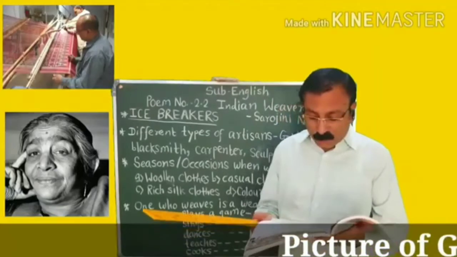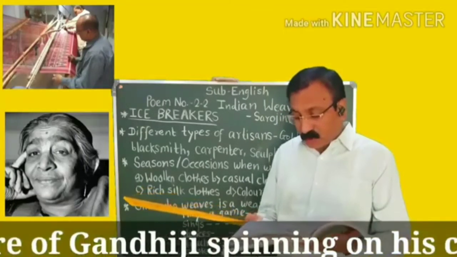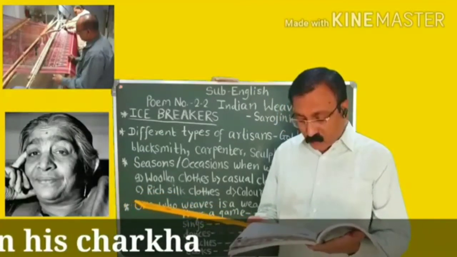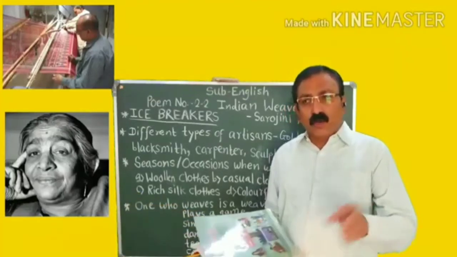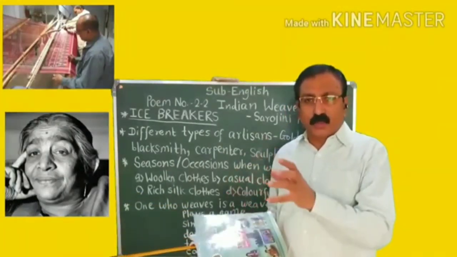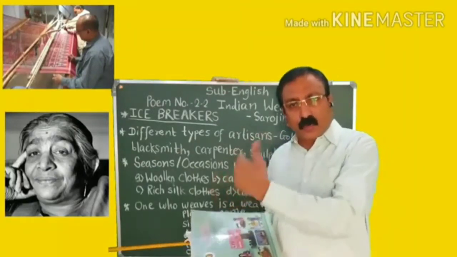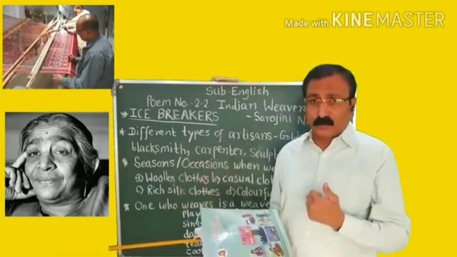We have often seen the picture of Gandhiji spinning on his charkha. Discuss the reasons behind this. One has been given for you. So we have often seen the picture of Gandhiji spinning on his charkha. So what might be the reasons?